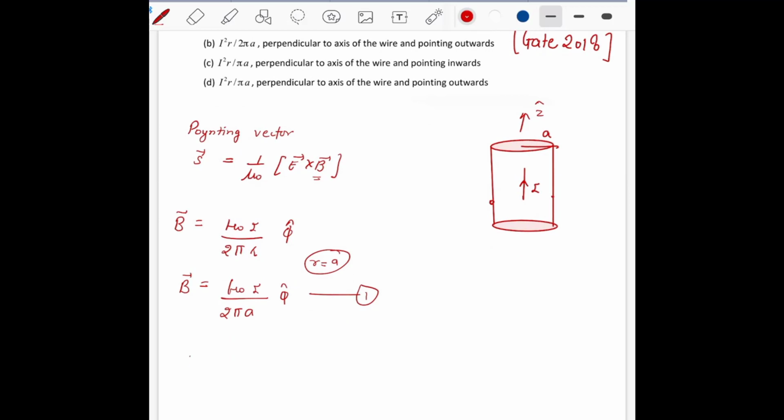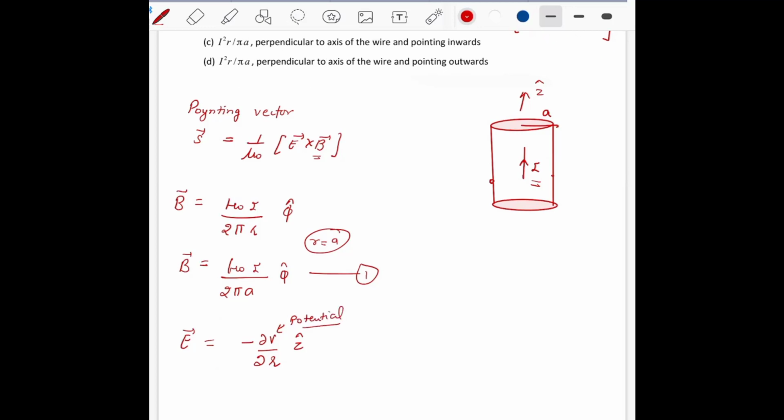Now to calculate the electric field, we can use Faraday's law. Faraday's law says that the direction of the electric field that is induced due to the flow of this current in the conductor is in the same direction as the current. So the direction of the electric field is in the z cap direction. So the electric field is given by minus del V by del z in the z cap direction, where V is the potential across these two surfaces.